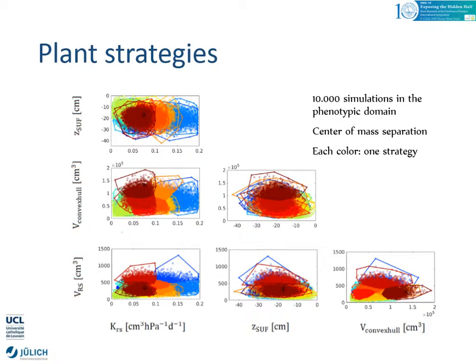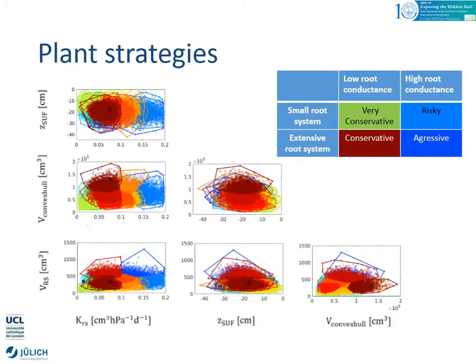And you see different strategies appearing. You have these blue ones which have high KRS but relatively average ZUF, and you have this green one, rather shallow, with low conductance. This is just the combination of root traits. We can make the link between these groups and the table.